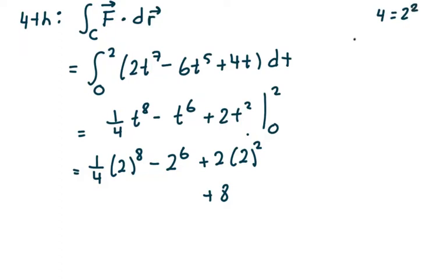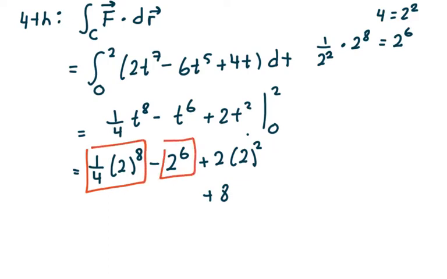And so 2 to the 8th times 1 over 2 squared is just 2 to the 6th, right? And so it doesn't look like it, but this term and this term end up being the same term. And so these guys cancel, and you're just left with 8. And so the answer to this question is 8. And that's how you do 22.